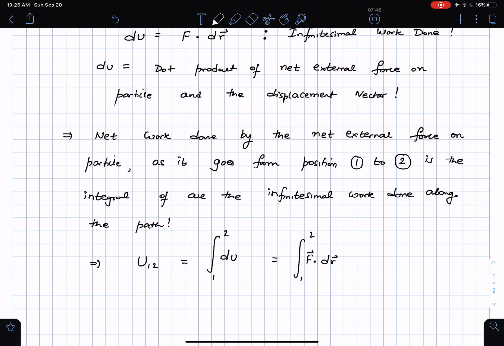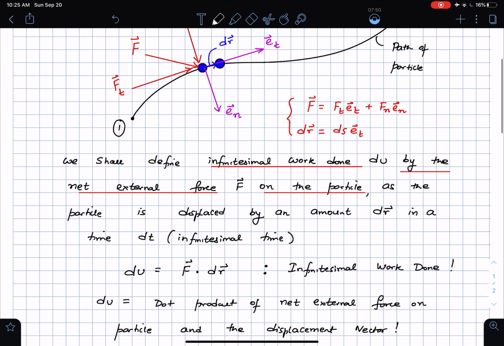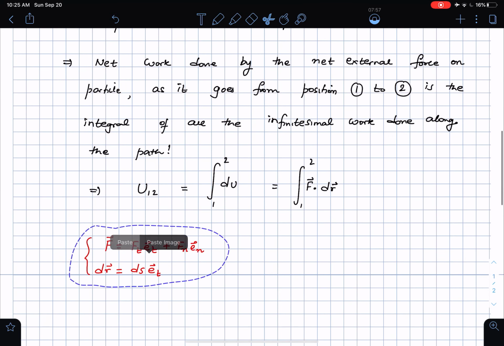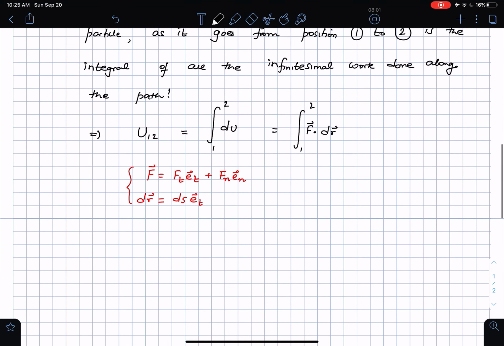We also know that the force F is Ft et plus Fn en, and the displacement vector is also known to us. If I do the substitution, U12 is the integral from 1 to 2 of (Ft et plus Fn en) dotted with ds in the et direction.